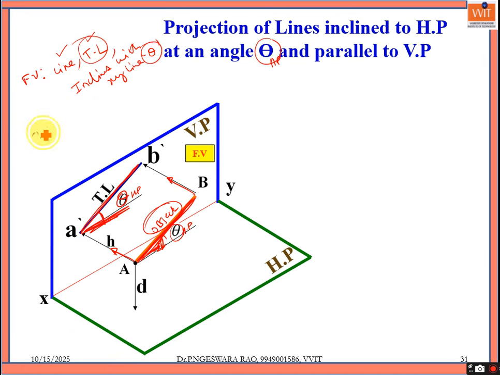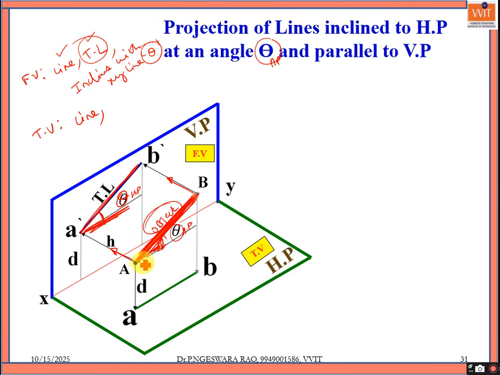Whereas in the case of the top view, when you project this in the top view, again you will get the image as a line, but the length will be reduced, because this is the object's original length, but we are getting only this length.